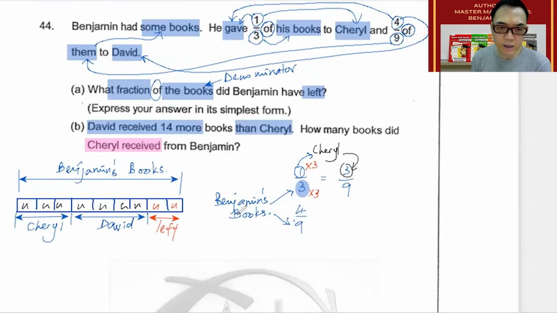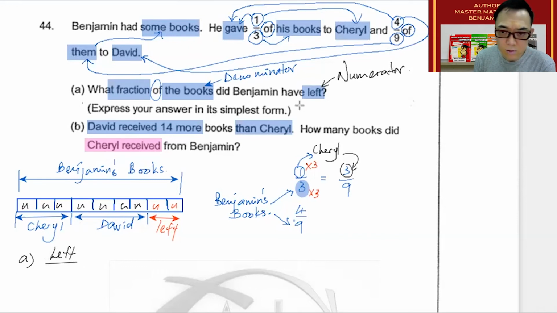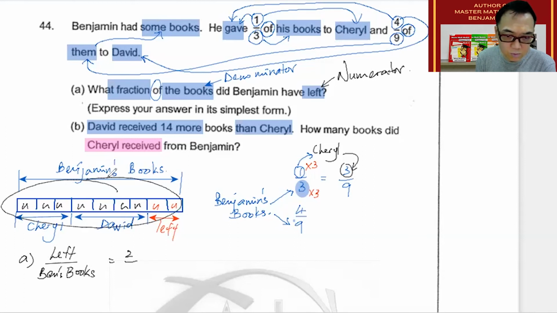So if my answer is what fraction of the books is left, and we know that the left is the numerator, then to answer A, I am putting left over the denominator, which is the books. Let's just call it Ben's books. As you can see, left is 2 units and Ben's books is 9 units. And that's your answer for A.